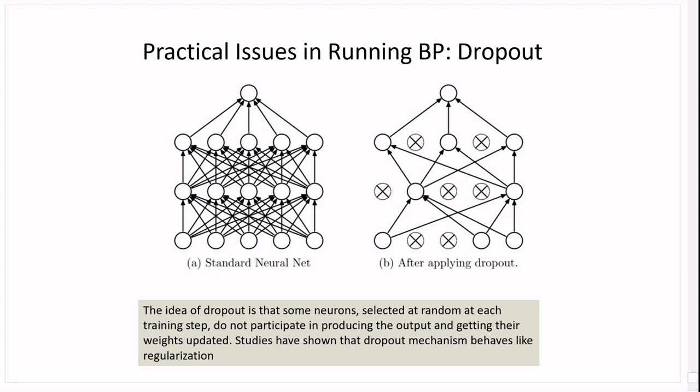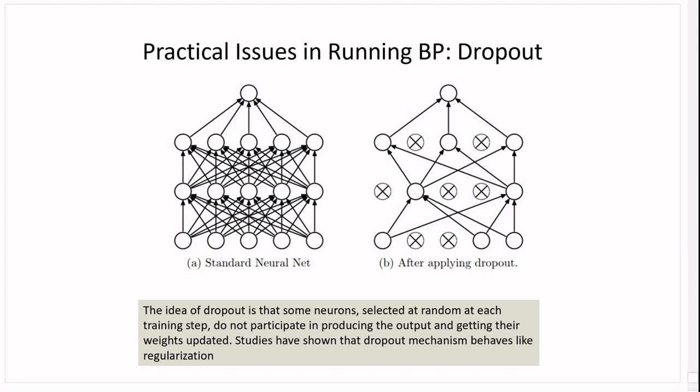Another practical issue in running backpropagation is dropout. The idea of dropout is that some neurons selected at random at each training step do not participate in producing the output and getting their weights updated. So at random, we pick some neurons in the hidden units and let those neurons not send their output to the output units.